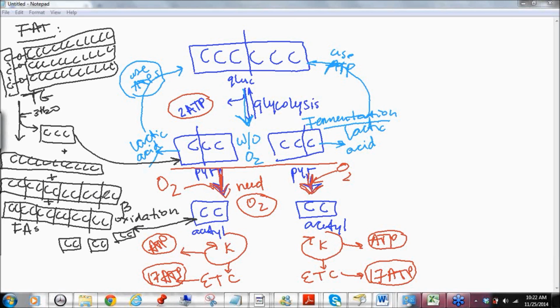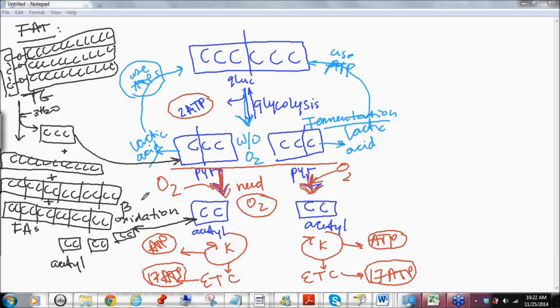So when fatty acids get broken down by beta oxidation, they turn into a whole bunch of acetyl groups. And these acetyl groups simply go on to the Krebs cycle and the electron transport chain to get you lots and lots of ATPs.